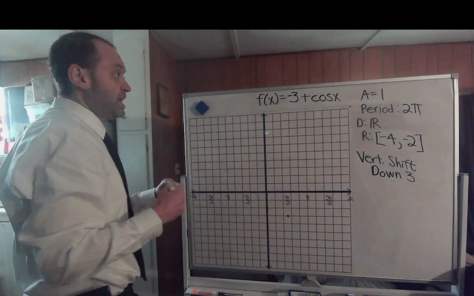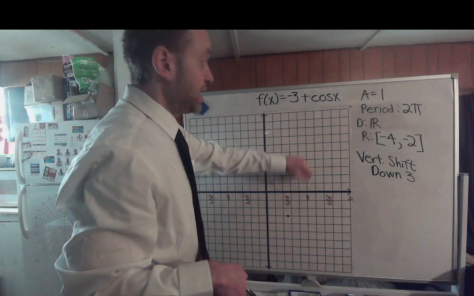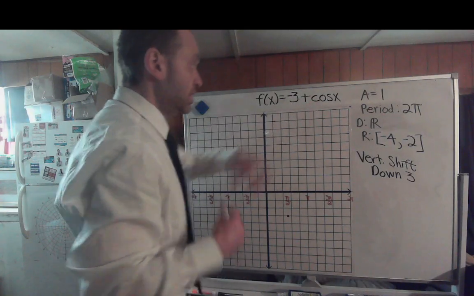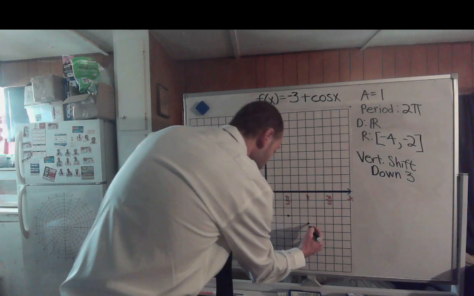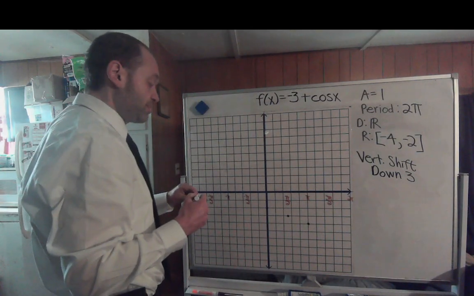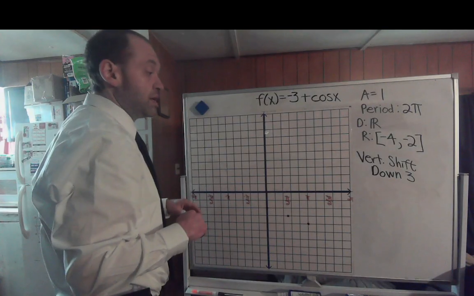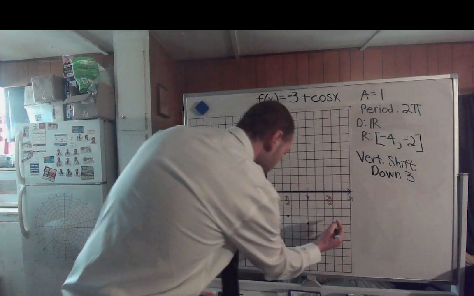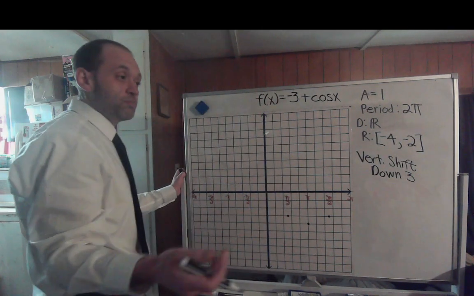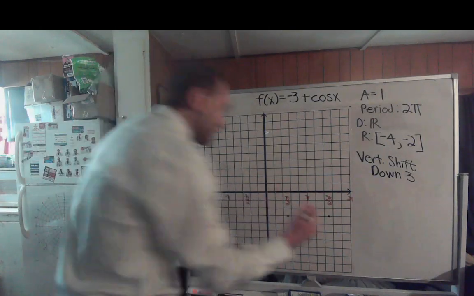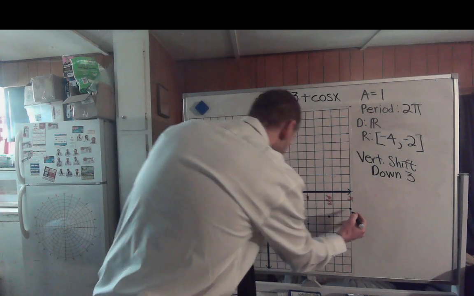What's the cosine of pi? That's normally -1. Add -3 to that, you'll get -4. What's the cosine of 3 pi over 2? That's 0. Add -3 to that, you'll get -3. Then the cosine of 2 pi is +1. Add -3 to that, you'll get -2.